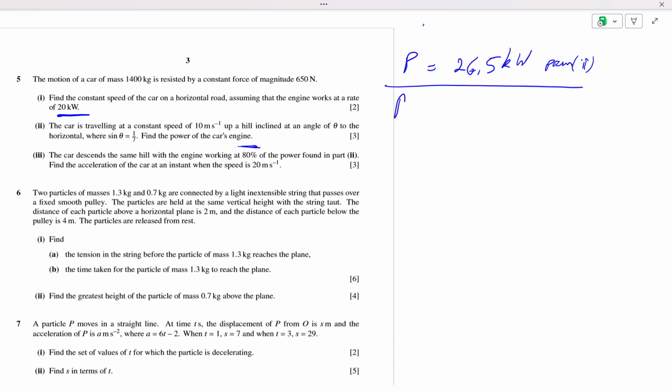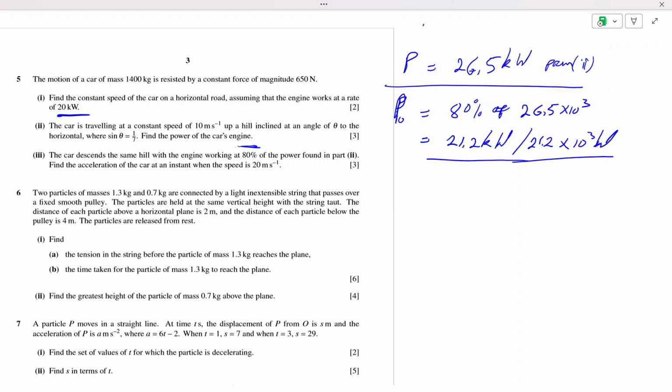So the new power, P naught, is going to be equal to 80% of 26.5 by 10 to the 3. When I do that, I get 21.2 by 10 to the 3 watts. Okay, that's the new power.